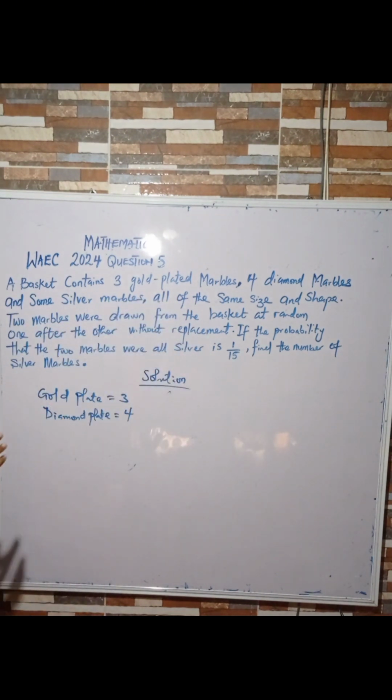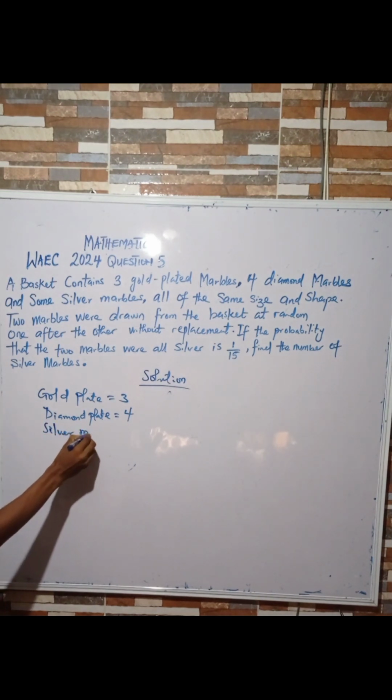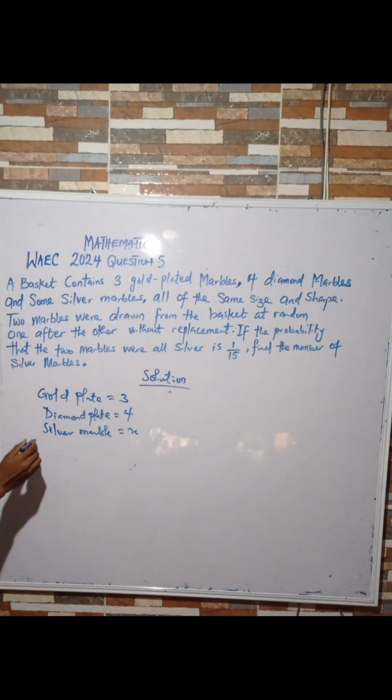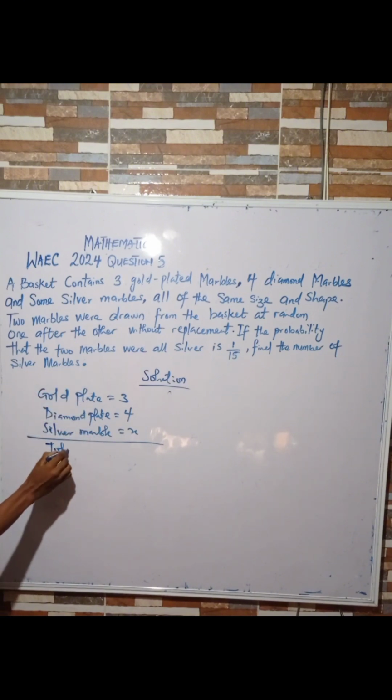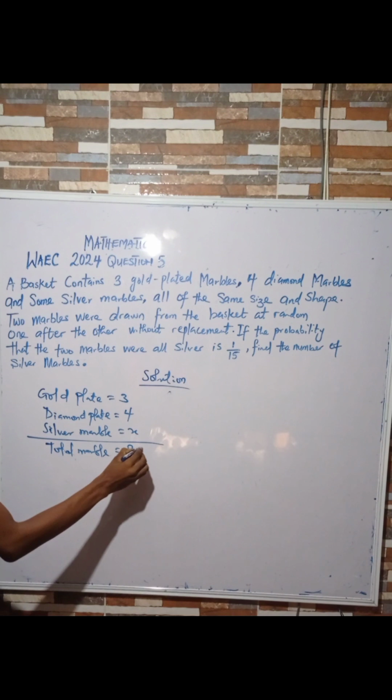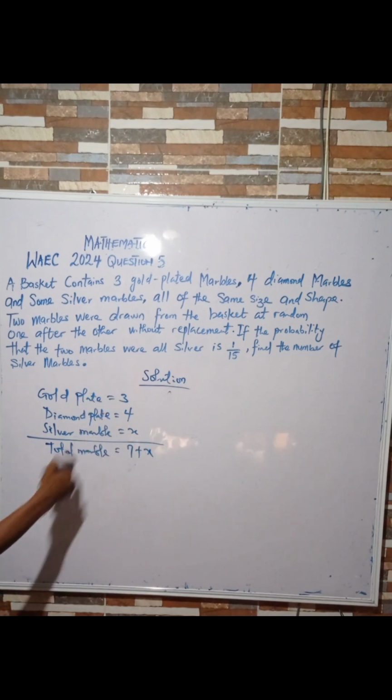We are not told the number of silver marbles in the question, so you can just indicate the silver marbles with the letter X. So we can get the total marbles given in the question. The total marbles will be equal to 3 plus 4, that is 7, plus X.